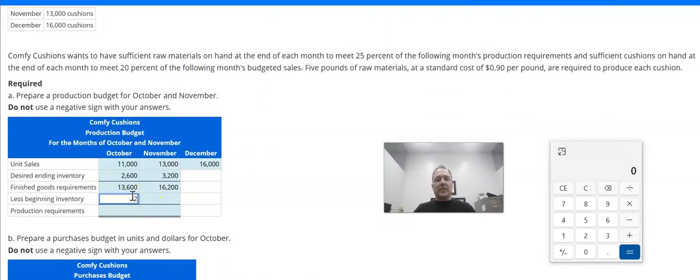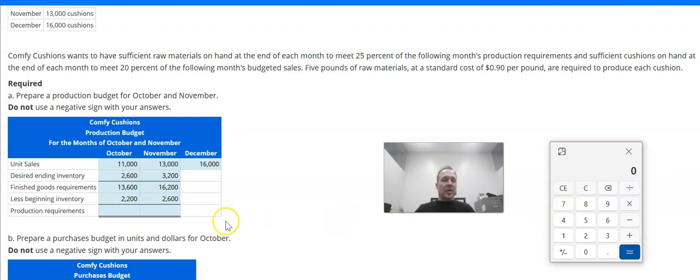But they actually gave us the number here, so we'll just plug that in. And then for November, our beginning inventory was what we would have accounted for back in October, or 20% of this 13,000 here, times 0.2. So 2,600, and that is a subtraction.